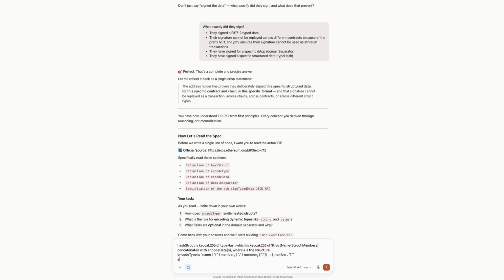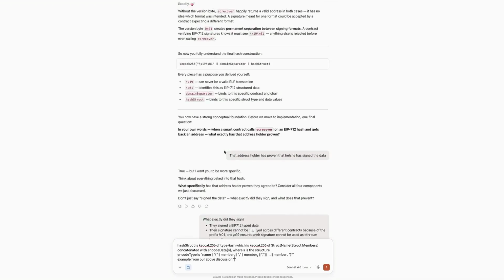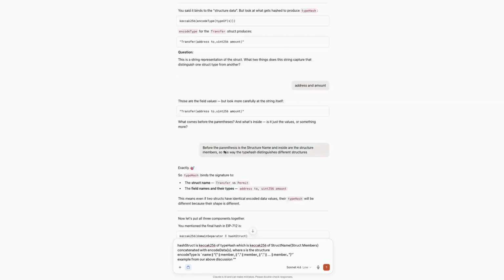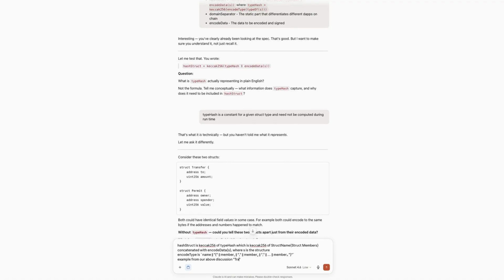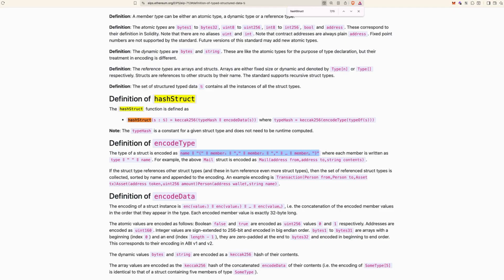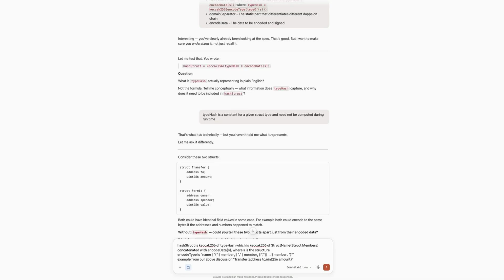Let us take this example from our above discussion. So here we have struct Transfer with address to and uint256 amount. So that will be Transfer(address to,uint256 amount). So there will not be any space over here.